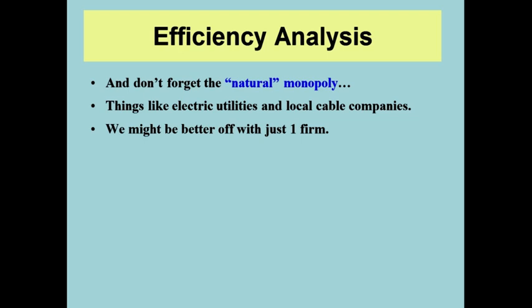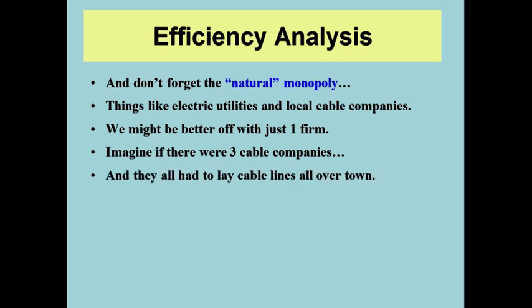We might be better off having just one firm as opposed to three. So in Farmville, Virginia, we have one cable company. Let's imagine if there were three cable companies. How would the world look?